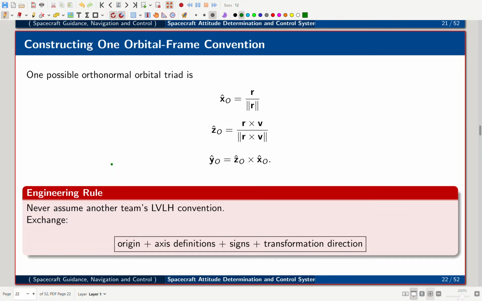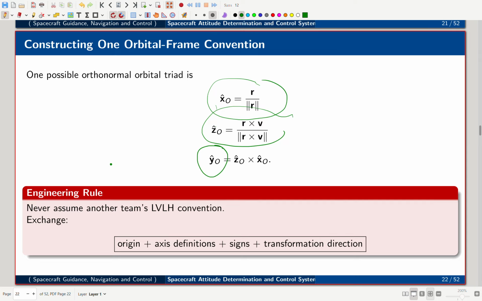And then constructing one orbital frame convention. One possible orthonormal orbital triad is this one. This is the position, and this is our angular momentum, and again by cross product we can get the remaining axis, which is perpendicular.